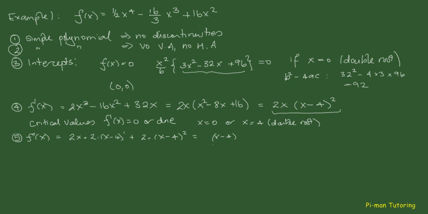There's also a common factor of 2 in there, and we're left with 2 lots of x plus x minus 4, which is 2 into x minus 4 into 3x minus 4.